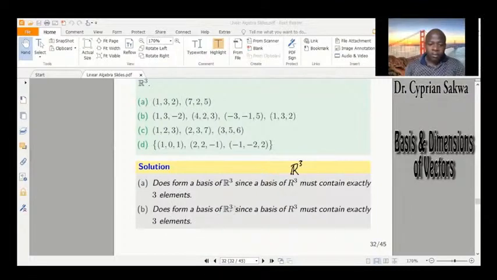B also does not form a basis of R3, since a basis of R3 must contain exactly three elements, but this has four. So you can see all of this disqualifies A and B. Since C and D have three vectors, we need to find out whether they are linearly independent and whether they span R3 for them to form a basis of R3.